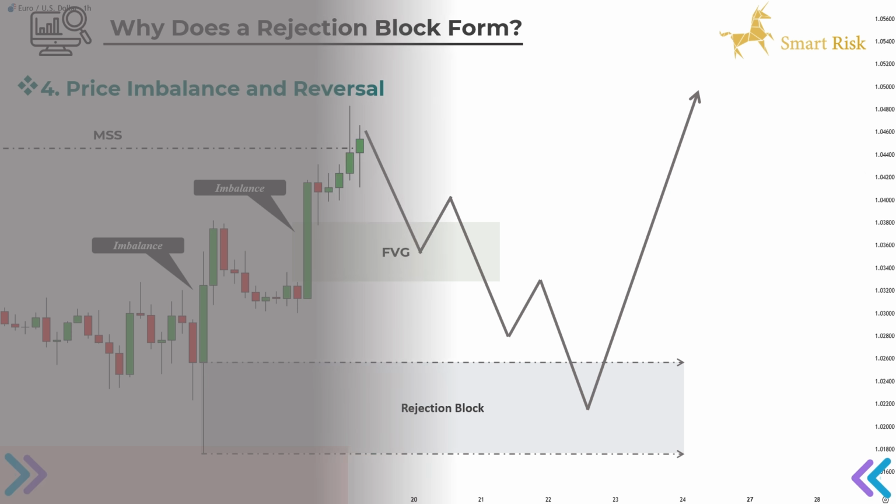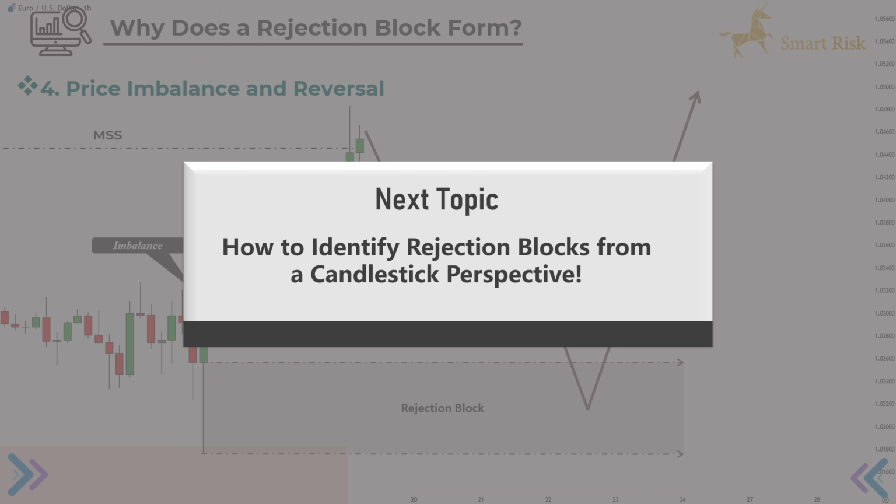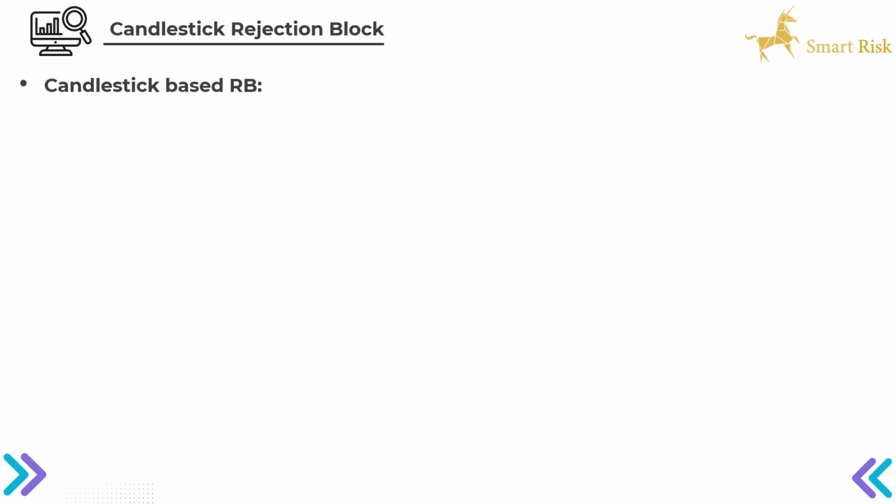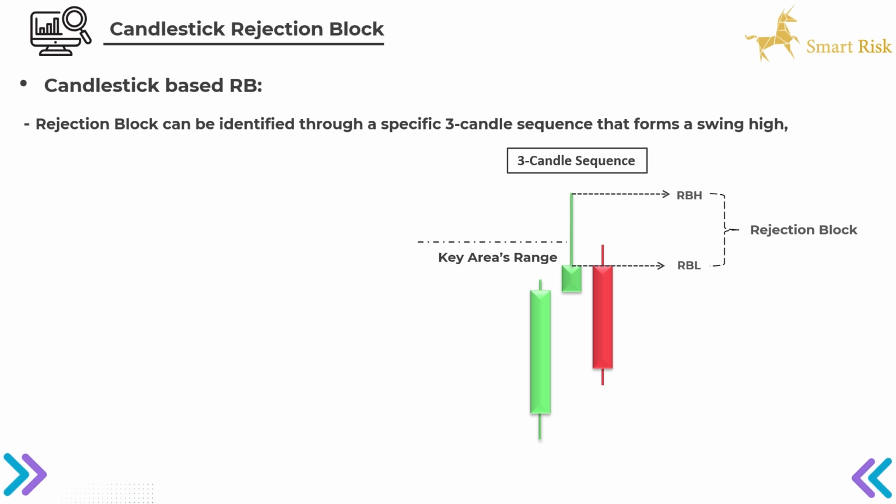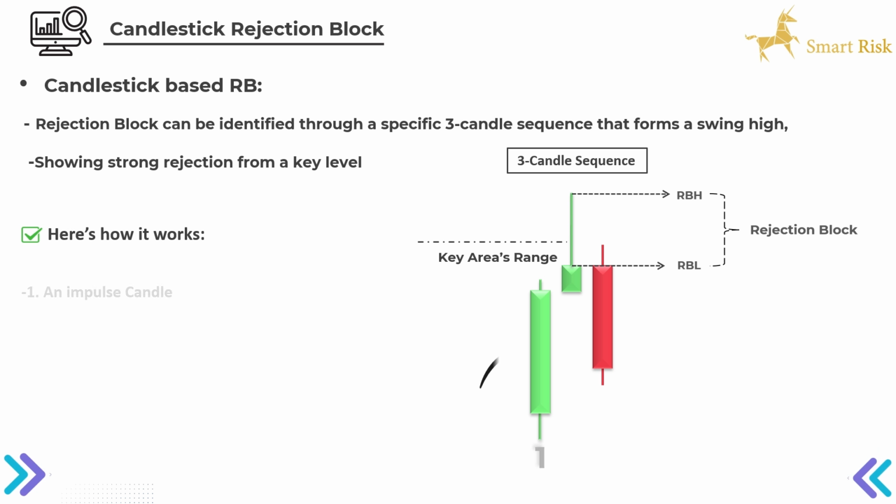Now let's see how to identify rejection blocks from a candlestick perspective. In a bullish scenario, a rejection block can be identified through a specific three-candle sequence that forms a swing high, showing strong rejection from a key level. This sequence consists of an impulse candle, a strong move that takes liquidity or manipulates price.